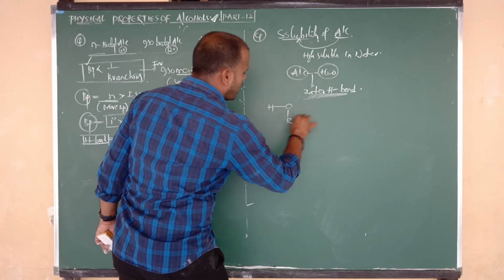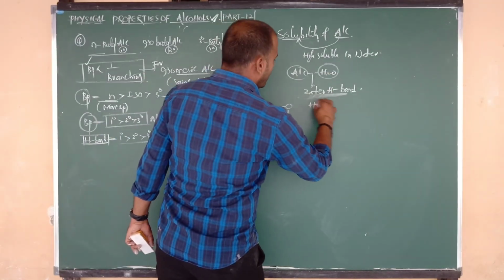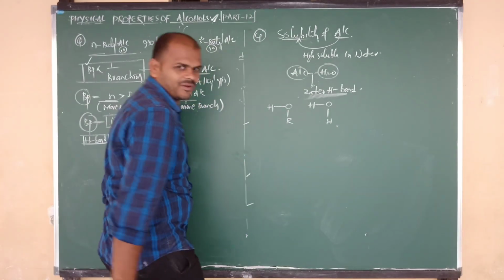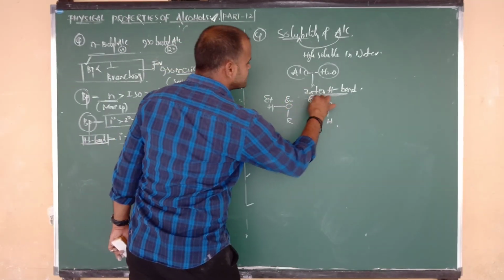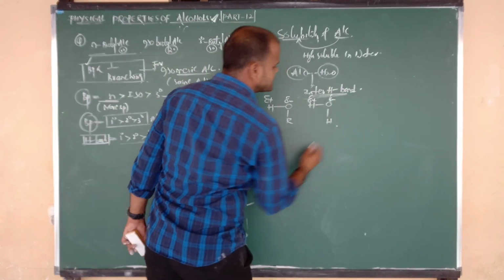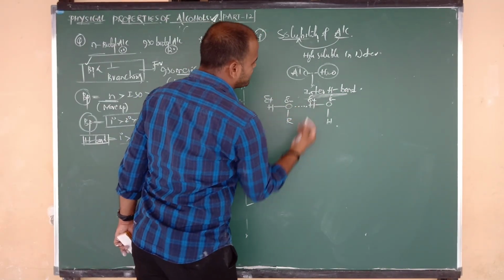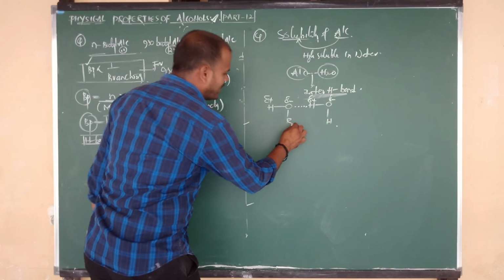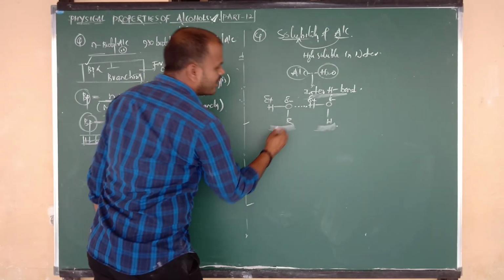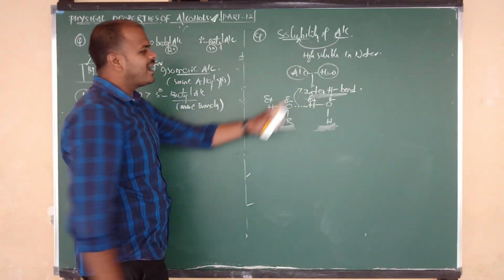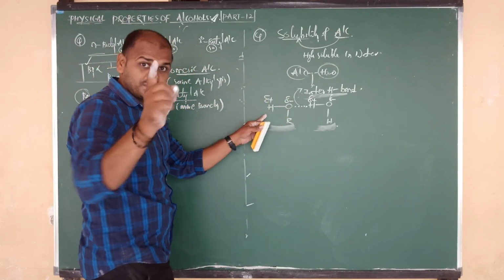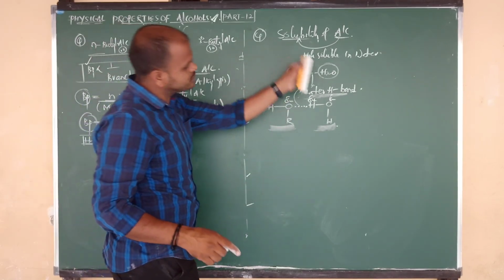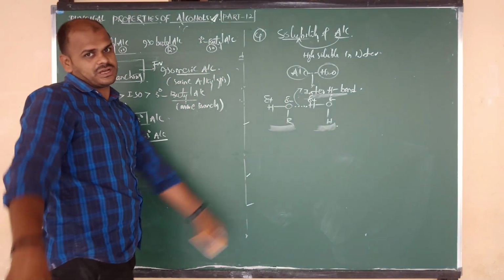Alcohol is H-O-R, water molecule is H-O-H. Oxygen carries partial negative and hydrogen carries partial positive, denoted by the dotted line. So between alcohol and water, intermolecular hydrogen bonding takes place. Due to that reason, lower alcohols are completely soluble in water.